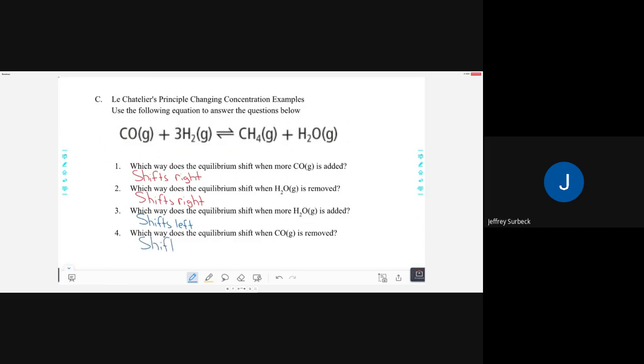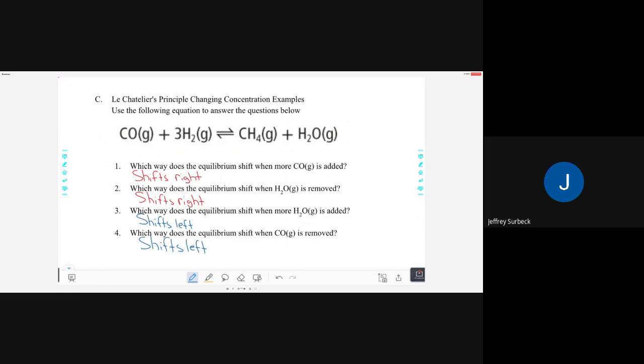Okay, so anybody have questions on this, or still need it? Yeah, now I'm confused on number 2. Okay, because H2O is already on the right. When we remove it, it shifts to the same side.